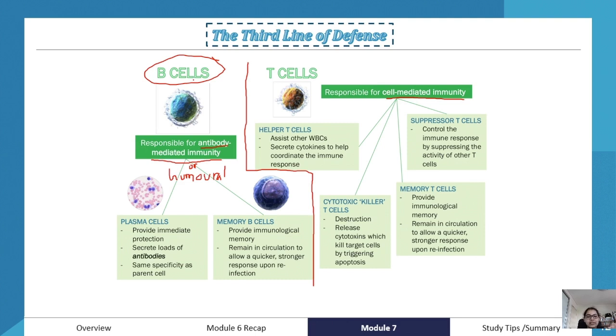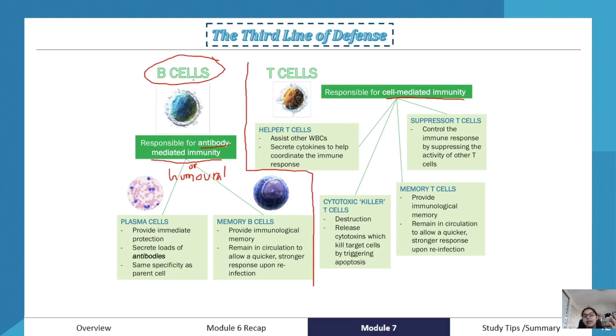The way I like to remember these different types of T cells is to think of it like a friend group. We've got 4 types of friends. Firstly, the helper T cells. These play a huge role in helping out the other white blood cells, including the B cells. They secrete cytokines to help coordinate the immune response.